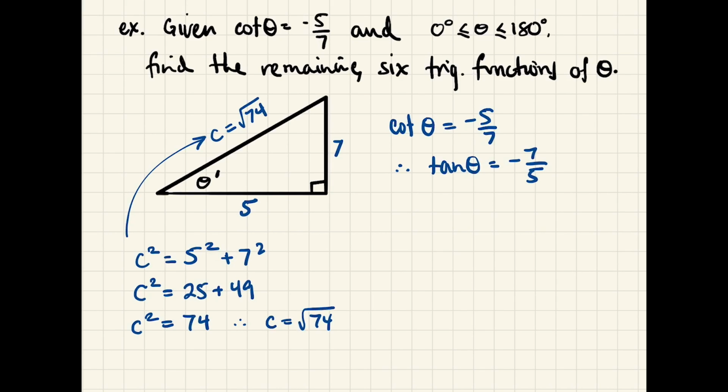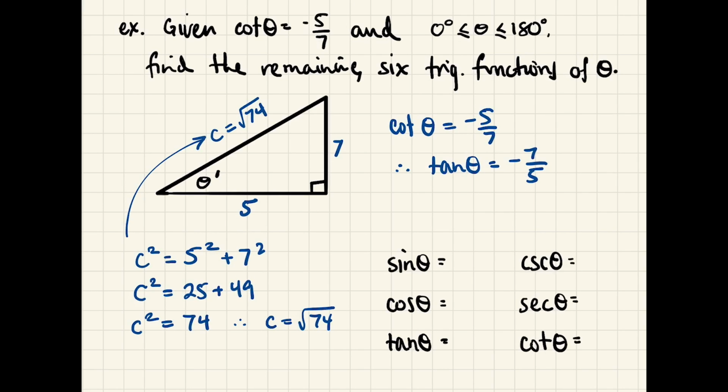Okay, so we're after the 6 trigonometric functions. So that would be sine of theta, cosine of theta, tangent of theta, etc. Now, we can read these directly off our triangle, but we have to be careful because our triangle only has positive values on it.